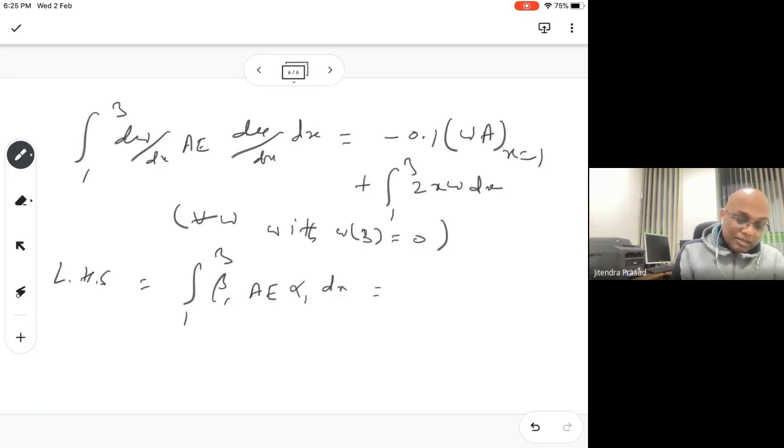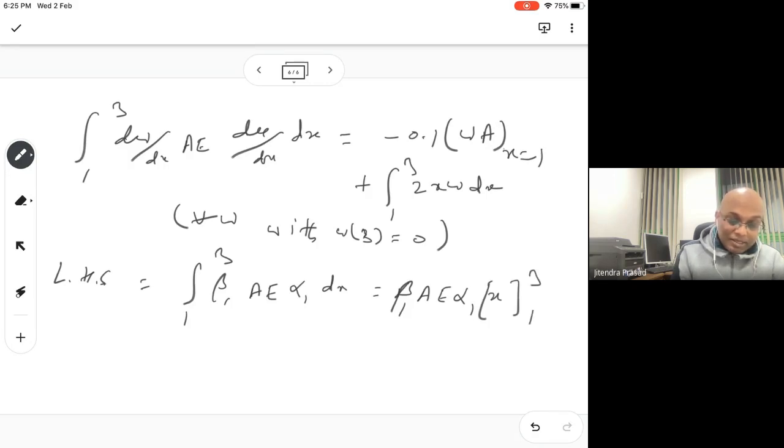Other things may be assumed to be constant, because details are not given in your book, so we assume it to be constant. So that becomes beta 1 AE alpha 1, and then x from 3 to 1, right?